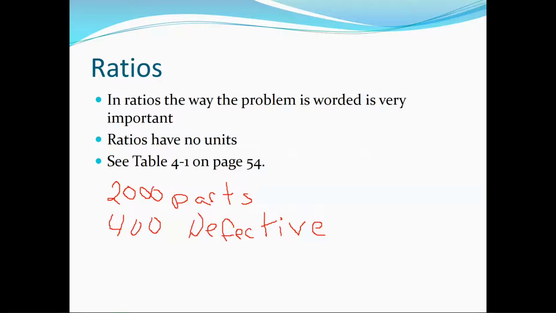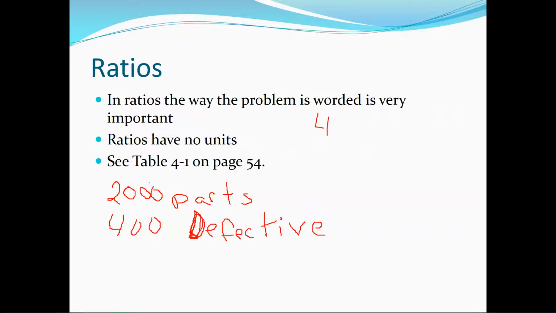I'm sorry, my writing with this mouse is so crummy, guys. So what is my ratio of defective parts to my total parts? Anybody want to take a guess? So there's a couple of different ways we can. 20%? I believe that's correct.